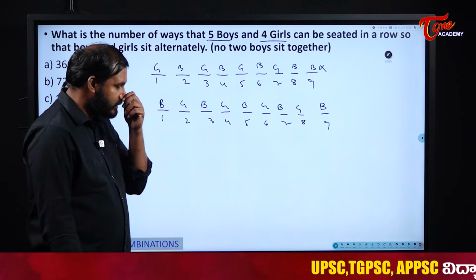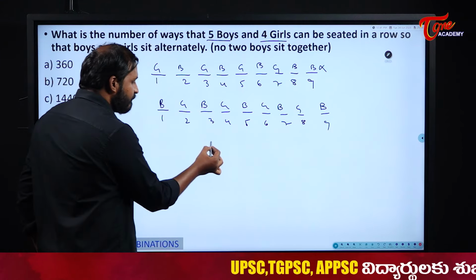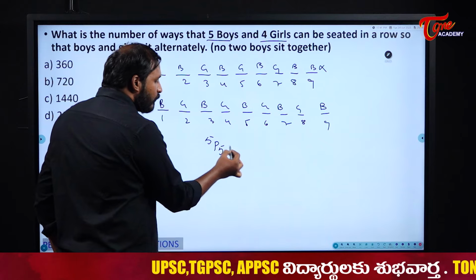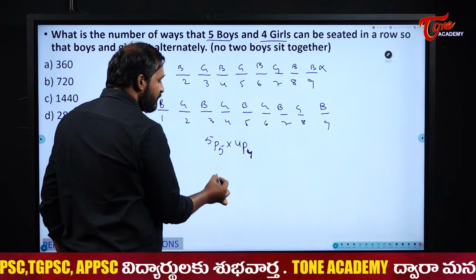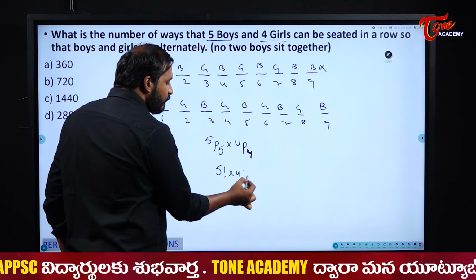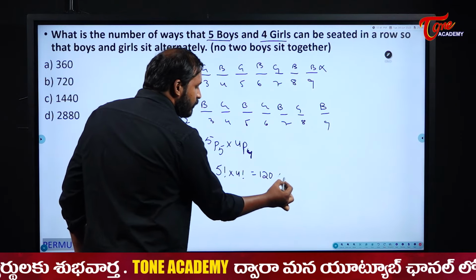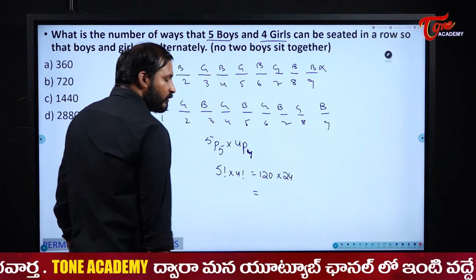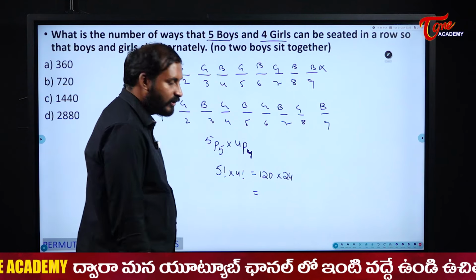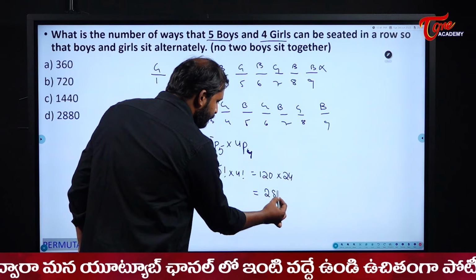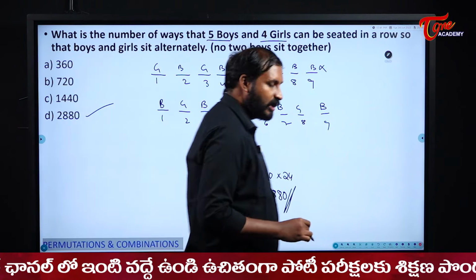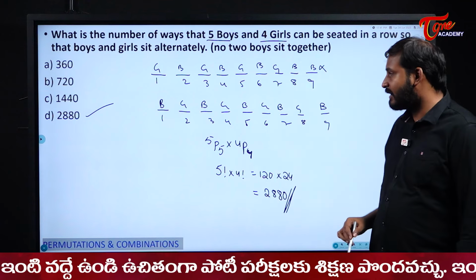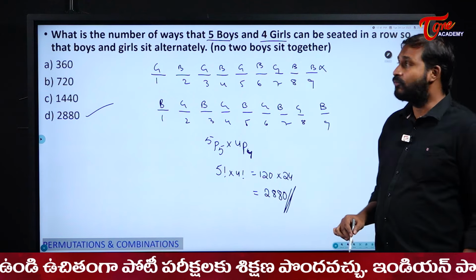So total 5 boys at 5 odd positions: 5P5. 4 girls at 4 even positions: 4P4. So this will become what? 5 factorial into 4 factorial, 120 into 24, which becomes 2880.